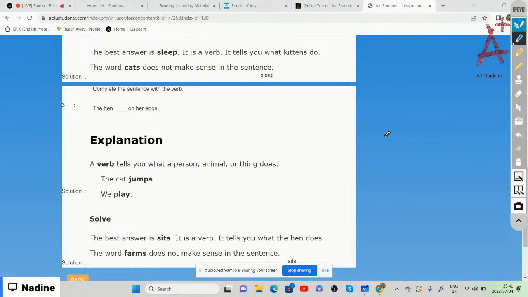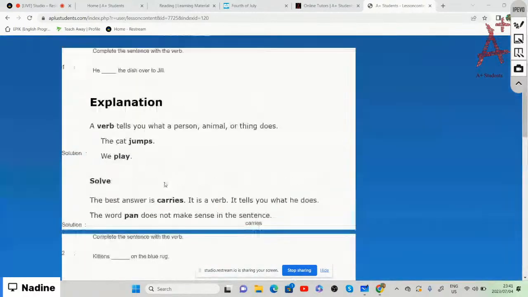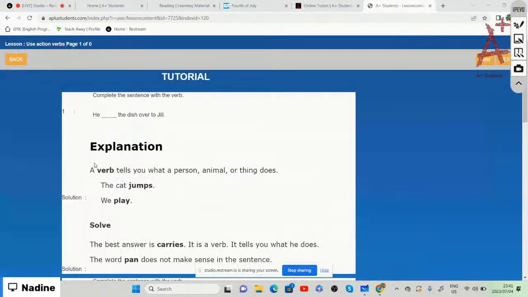All right, so that is it for how to use the action verbs. So we basically match the different pictures with the verbs. We also showed how we can identify the action verbs and now how to use action verbs by putting in your own action verbs that match the correct sentence.